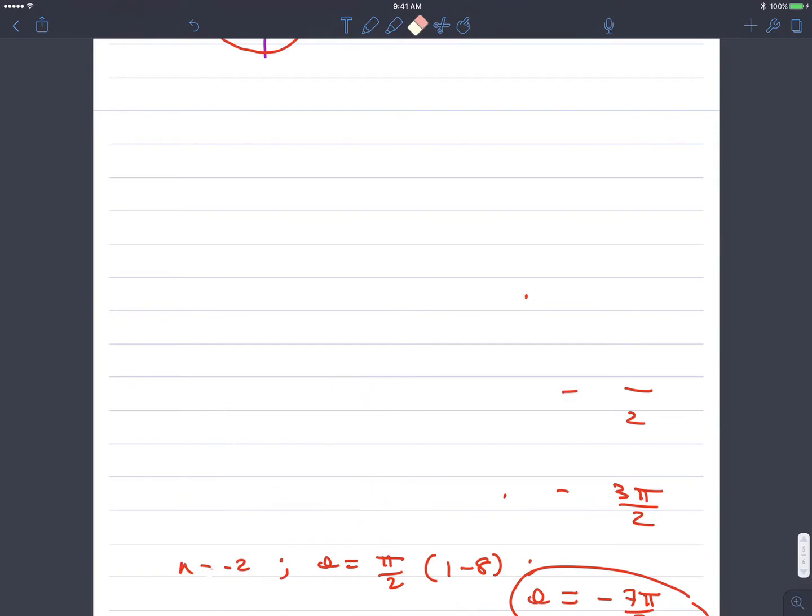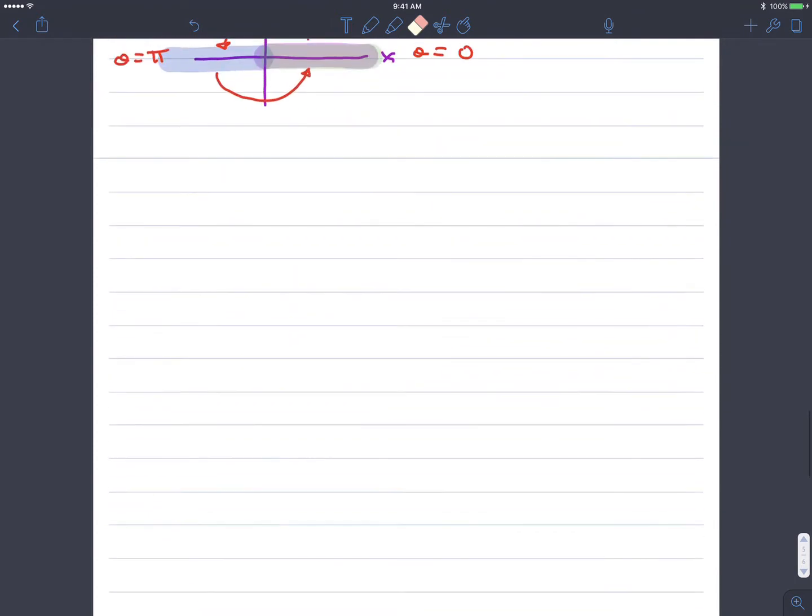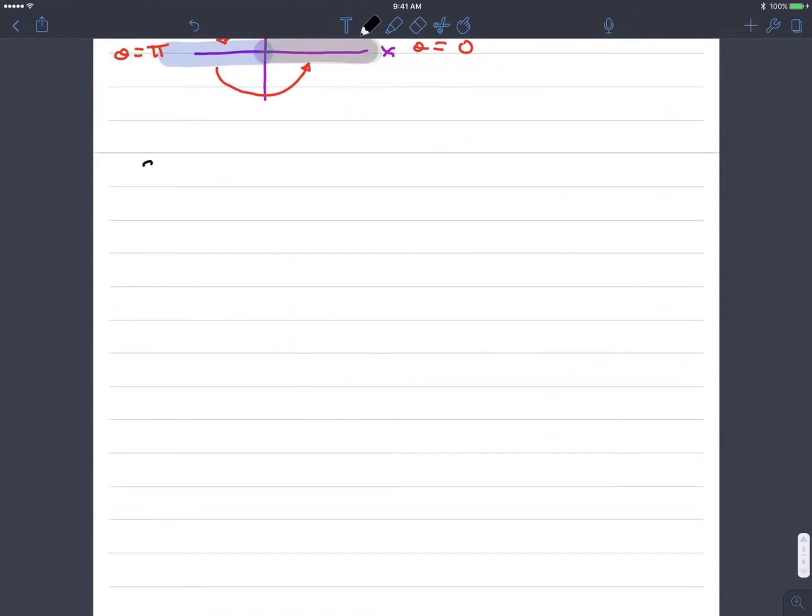So number 7. And these are the little things you guys want to remember. So let's call this 7. Let's say they give us cosine of an angle now being what number? Let's say it's positive 1. Let's go look at the cosine curve.